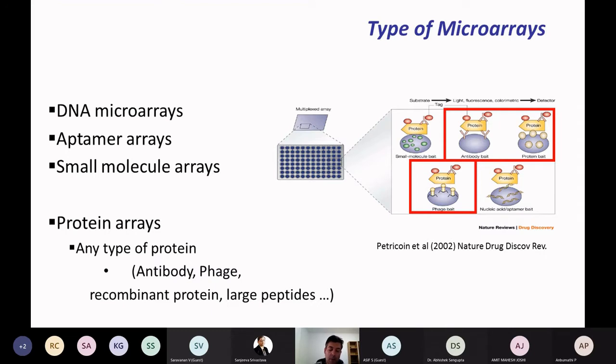But as well, my area of expertise is related to proteomics, and the course is about omics technologies. We are going to speak about protein microarrays, these arrays involve any kind of protein, antibody, phage, recombinant protein, like peptides, or any complex.